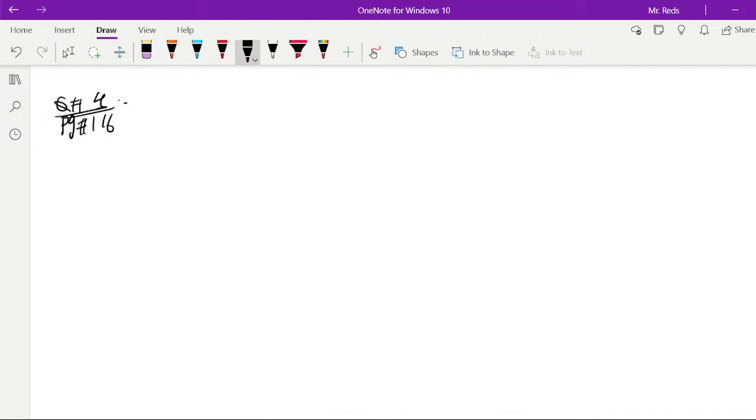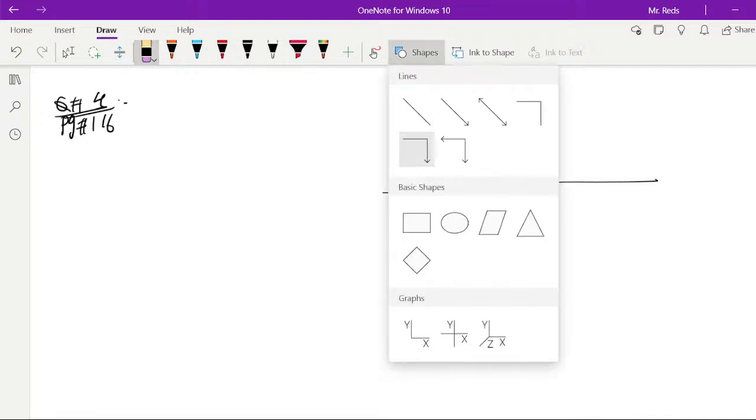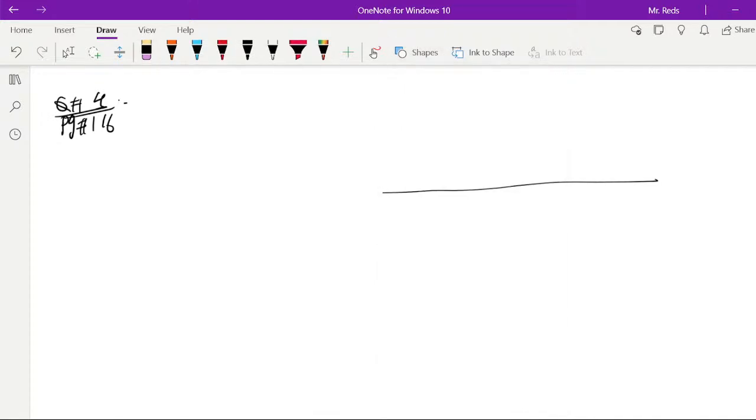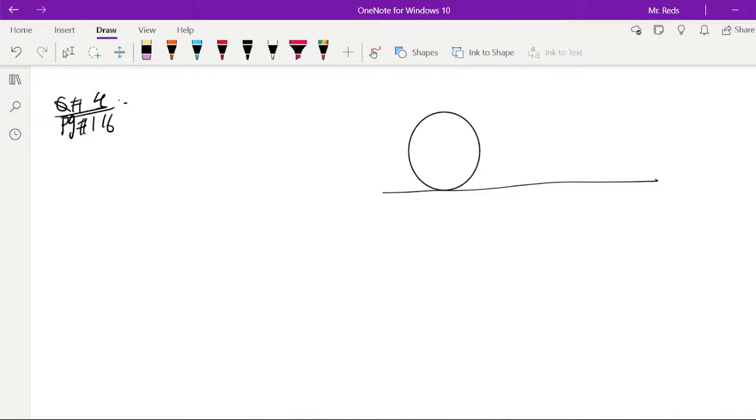So what is given here is two identical conducting rings A and B, and they are lying on a conducting plane. On this plane there is one ring, and there is another similar ring also.